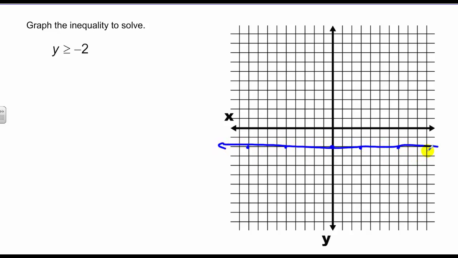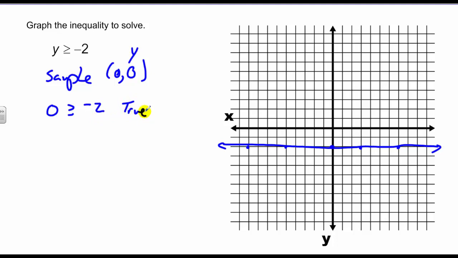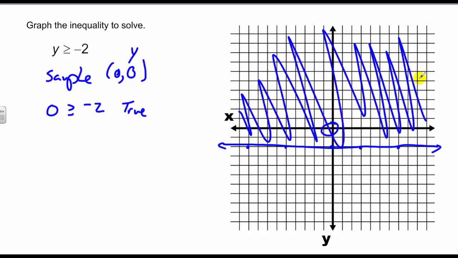I've split this into two regions now, and I want to find out if my sample, like I said, I like using 0, 0, is going to work. So I say is 0 greater than or equal to -2, because 0 is my y? That's true. So 0, 0, my sample point, is in my solution region. Shade.